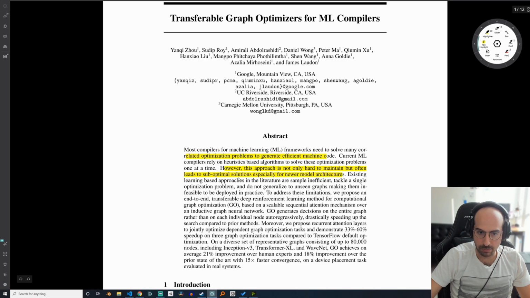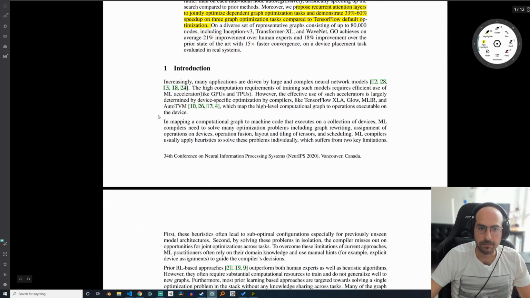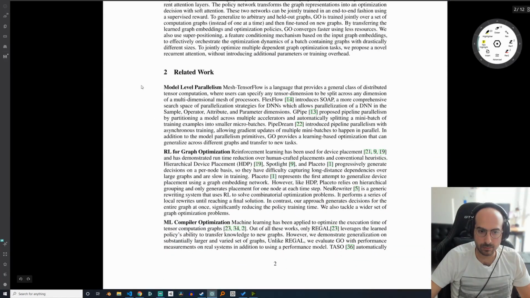It leads to optimal solutions for neural model architectures, learning literature, sample efficient, transferable deep reinforcement learning method for computational graph optimization based on scalable sequential decision attention over an inductive graph neural network. Okay, this looks very similar to the other paper.